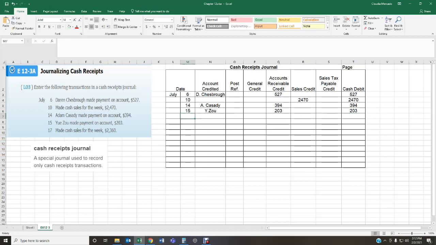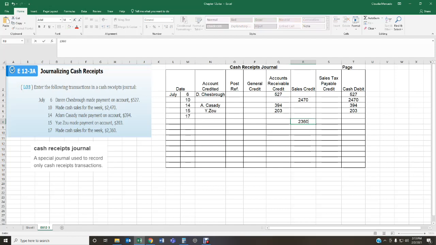And then last but not least, we've got made cash sales for the week, $23.60. Okay. So these are cash sales. We don't know who they were made to. So we're going to leave the account credited blank. Okay. And made cash sales. So because we made cash sales, we're going to put that under sales credit.